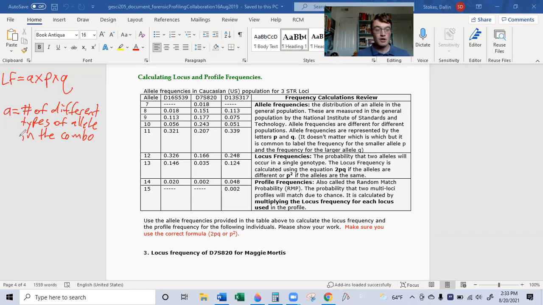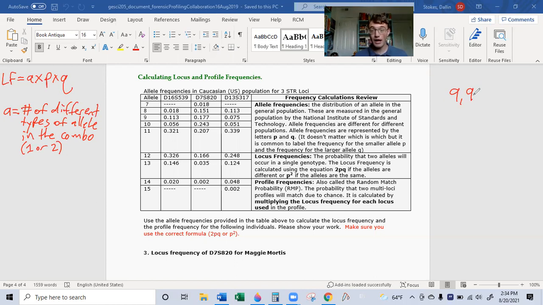So this number will always be either 1 or 2. It has to be one of those two numbers. It'll never be a decimal. And here's why. If the person has a 9-9 combo at this location, how many different types of allele are there?